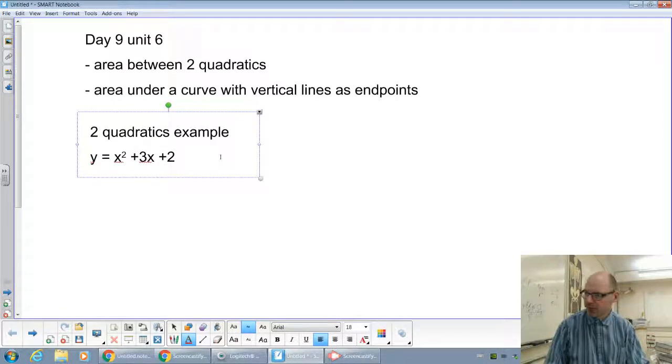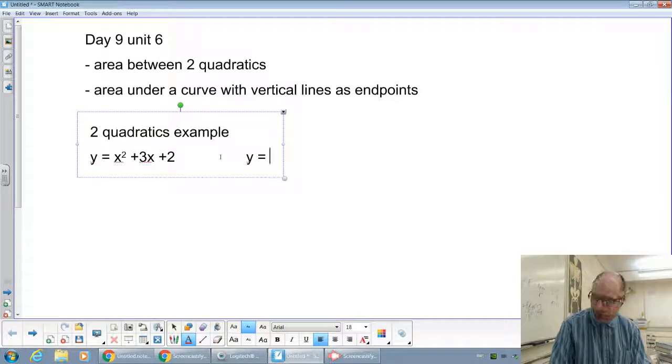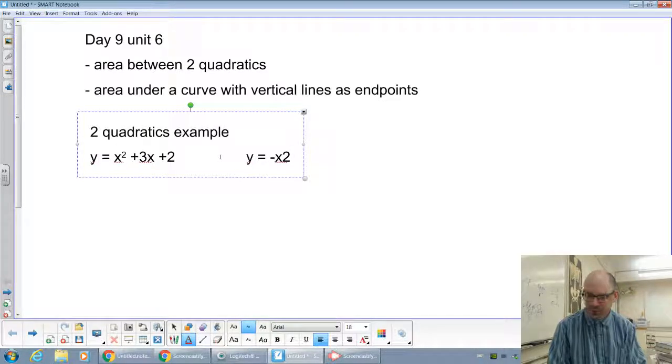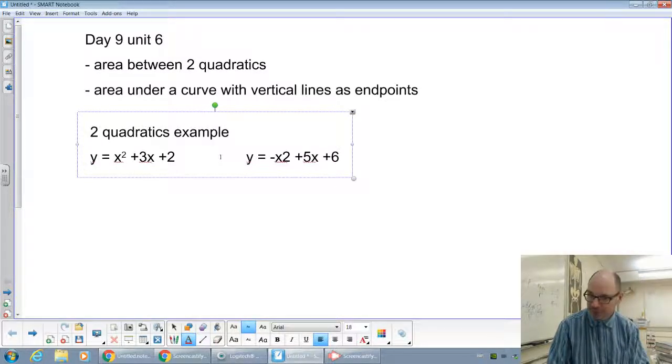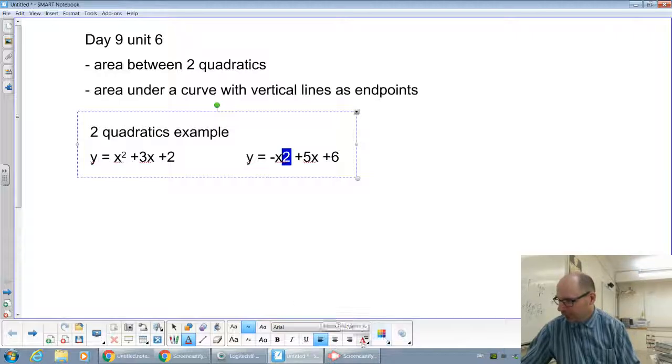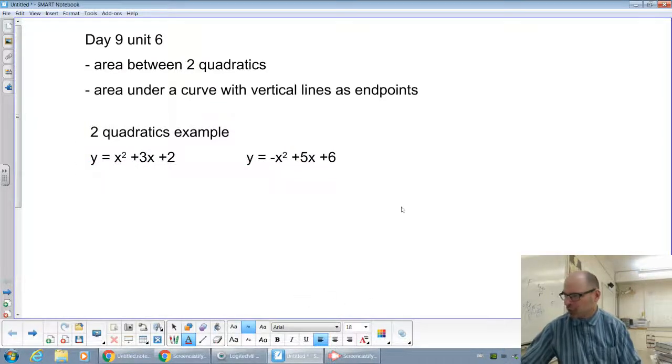Okay, and then let's go with y equals negative x squared plus 5x plus 6. So that's the one that's going to open down. So the one opens up and one opens down, so they'll close into each other. Okay, put that in there. So again, there we go. Okay, so there's our two quadratics.